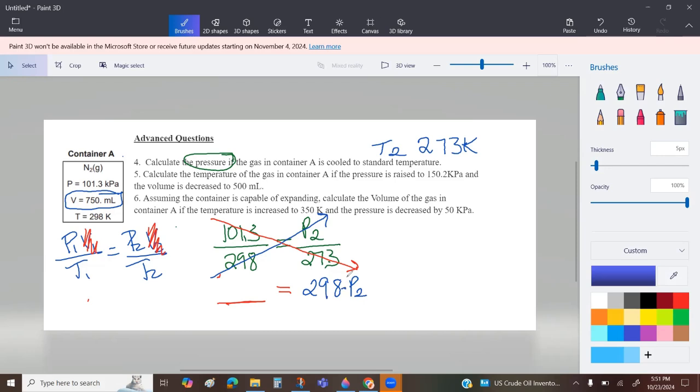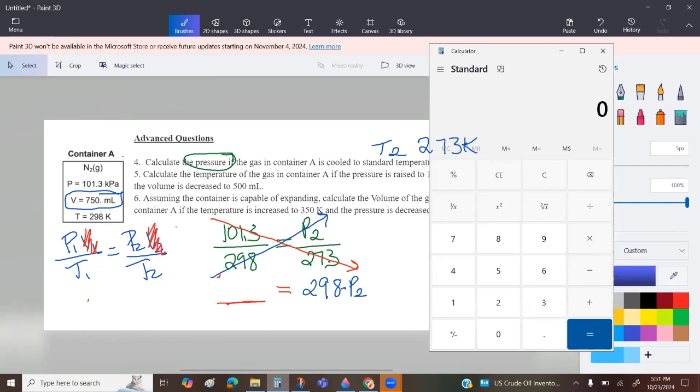times P2. And this one on the other side, I skipped ahead because I didn't want to stop and put it in the calculator, but we will. Is 101.3 times 273 is 27,654.9. Okay, same as I have been doing over and over again.